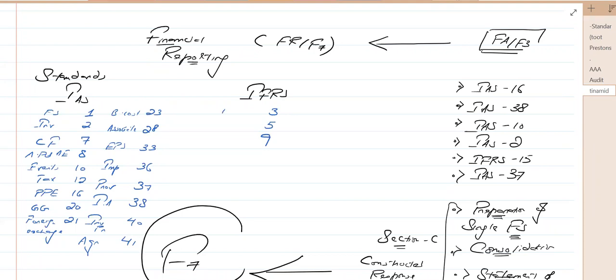So this is business combinations, this is assets held for sale, and this is the very important standard known as financial instruments.